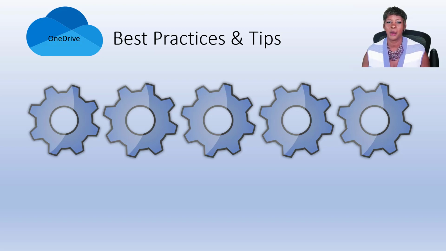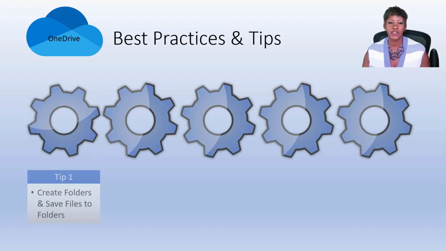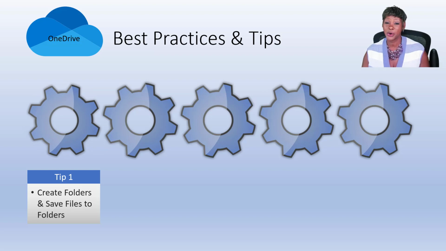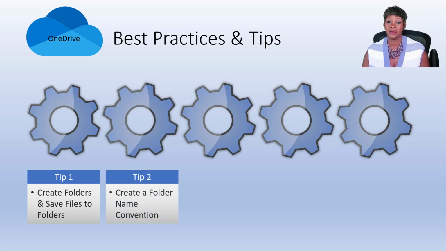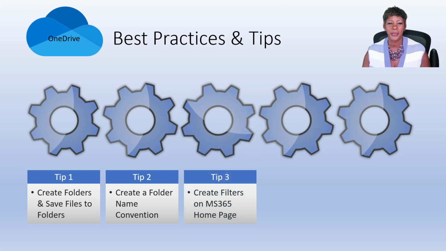Let's cover some of the best practices and tips. So the first one is make sure you save your files into folders. It is better that way to manage your files. You can find them so much easier. Developing a naming convention is going to help you organize your files in a visual way.